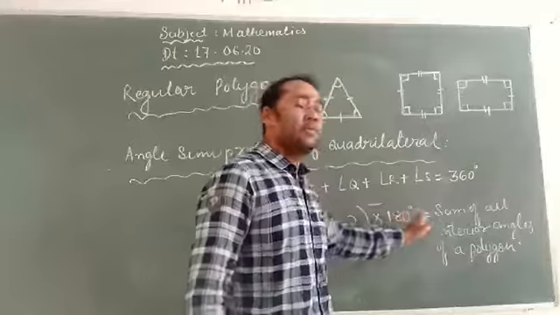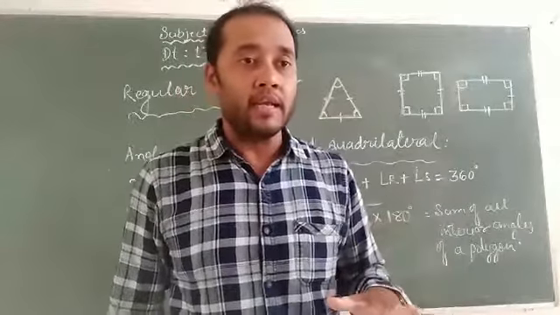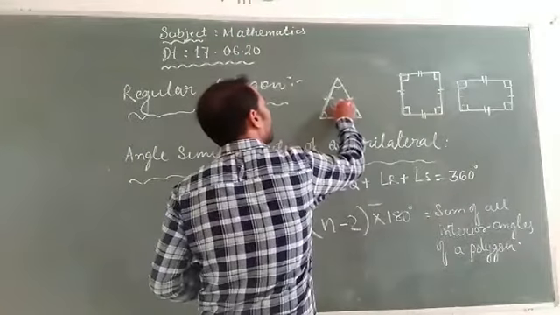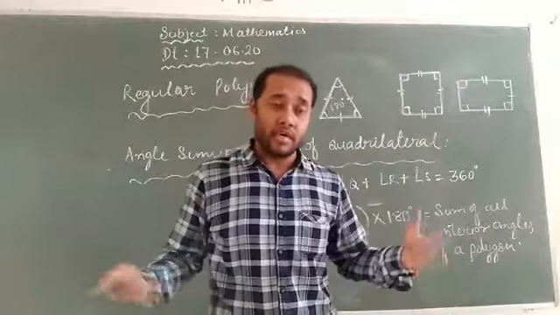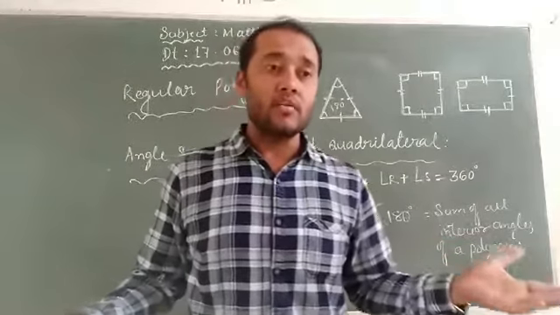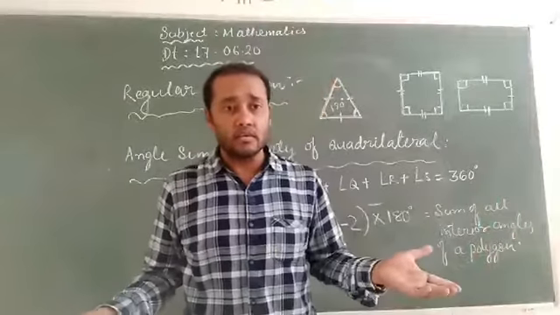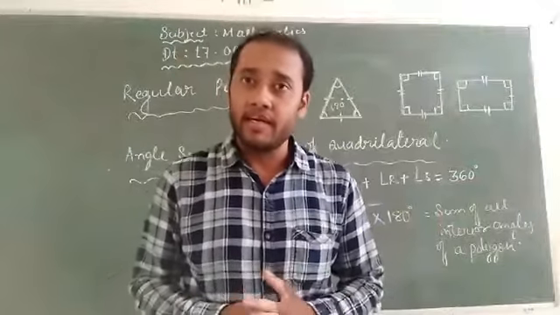And multiply the answer with 180 degrees. 1 into 180 degrees is 180 degrees. That means the sum of all 3 angles of a triangle will give you 180 degrees. It does not matter what the type of triangle is, whether it is equilateral, isosceles or scalene. Doesn't matter. The sum of all 3 angles will be 180 degrees.